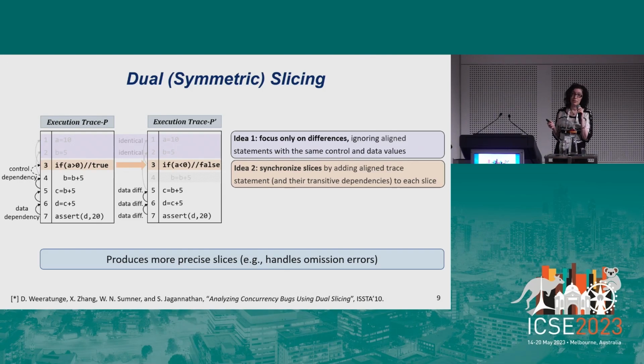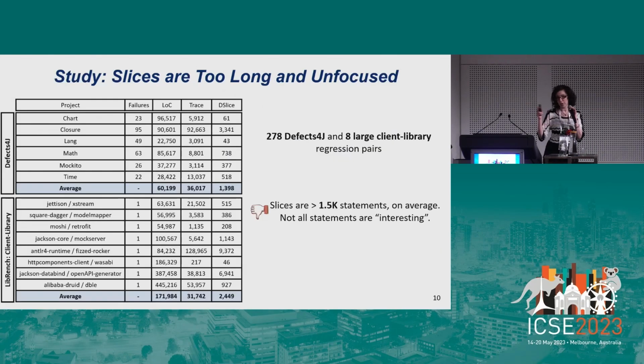Now, we were intrigued with this result, and the overall study is how to help developers integrate slicing approaches into debugging, or to understand why they are not used, or to understand how to make them used. So in this big scheme of things, we performed a study in which we applied dual slicing on a set of realistic regression failures, and we took 250 regression pairs from the famous Defects4J repository.